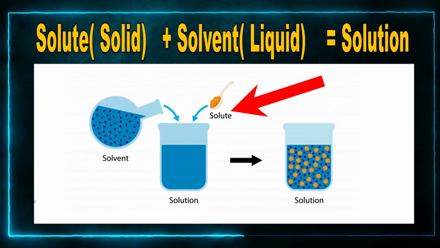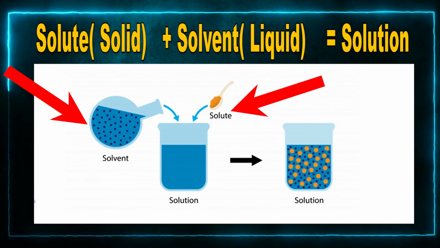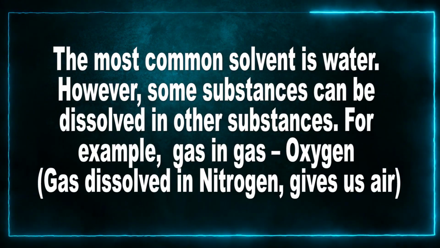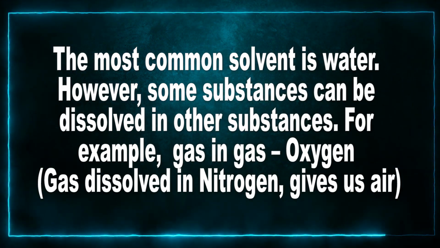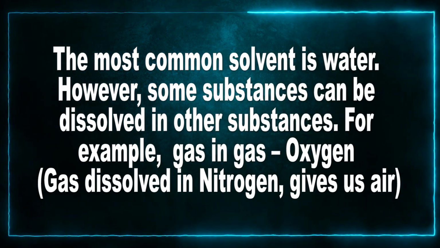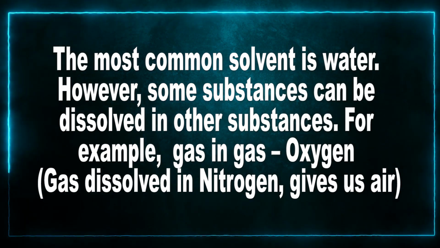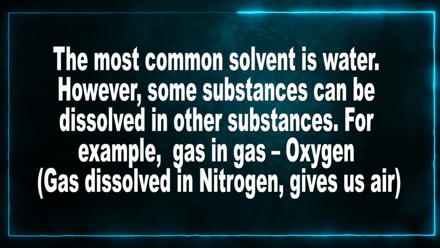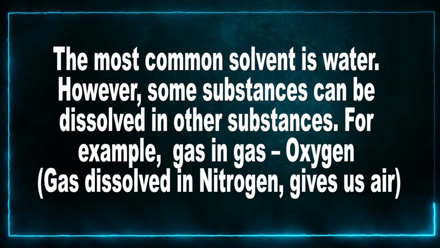Solute or solid plus solvent or liquid equals solution. The most common solvent is water. However, we would have learned that some substances can be dissolved in other substances. Example, gas in gas. Oxygen gas is dissolved in nitrogen to give us air.